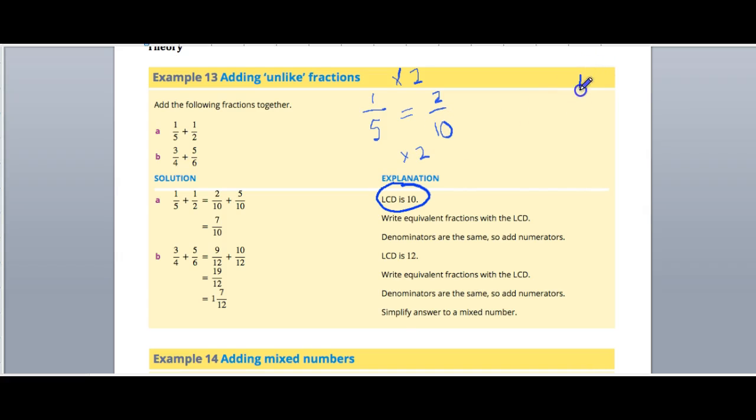Now the other number, a half, we do the same thing. So we want the denominator to be 10. How did we get that 10? Basically, what did we multiply it by? We multiplied it by 5, and therefore we do the same to the top. Okay, so it becomes 5/10.